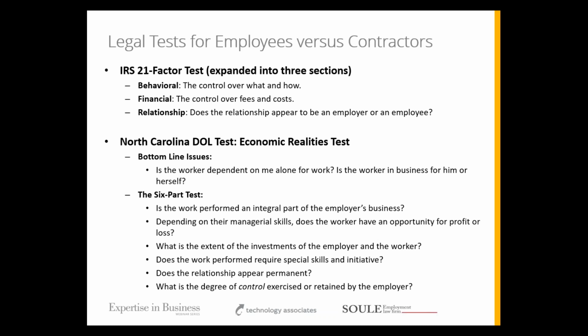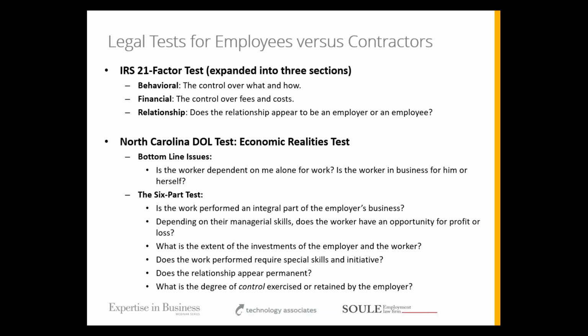At-will employment with a W-2 employee is, I'm going to hire you today, but there is no promise of any employment for a specific period of time. So if you engage a contractor on the same terms as an at-will relationship, then the IRS is probably going to view that more like an employment relationship as opposed to a contract relationship.